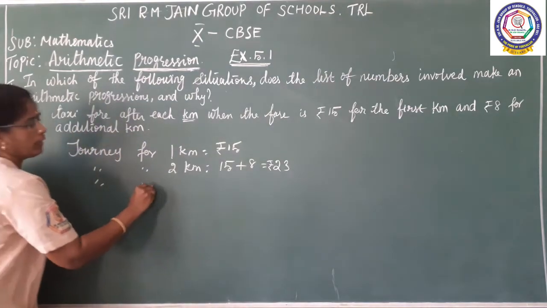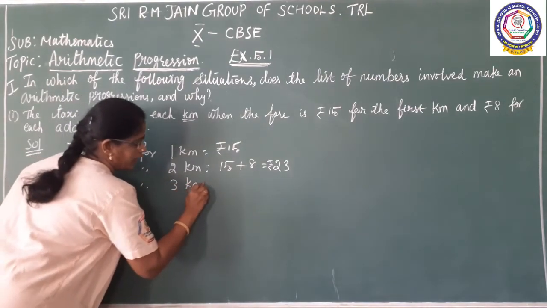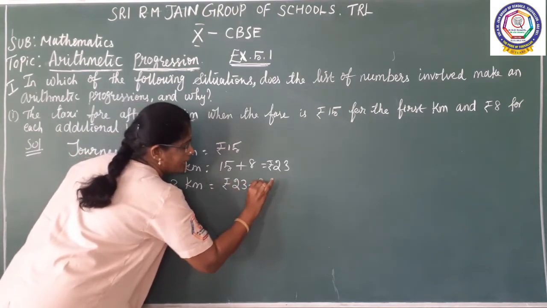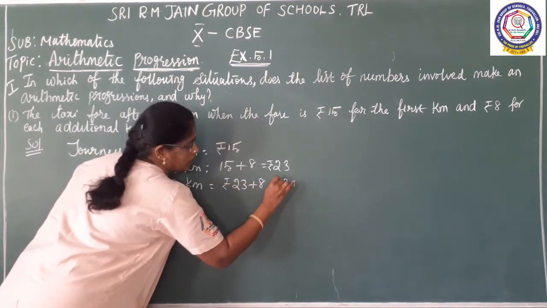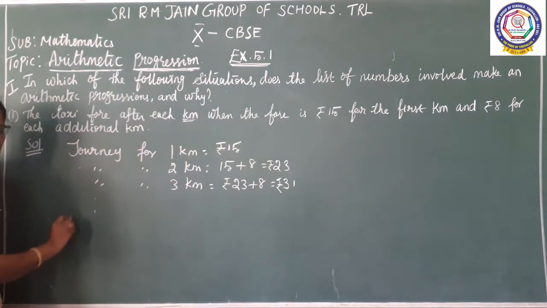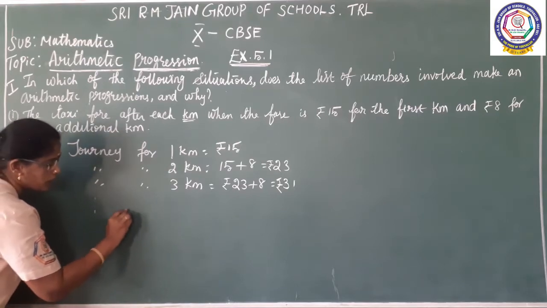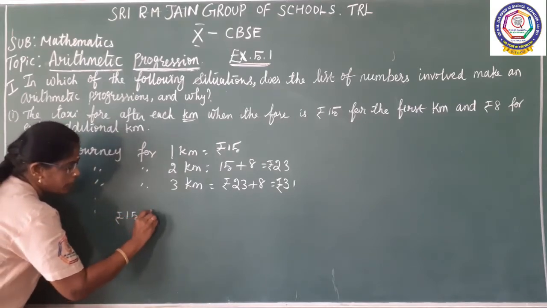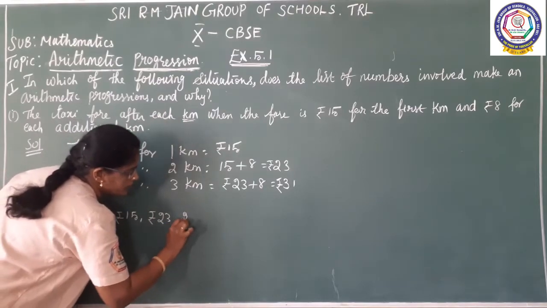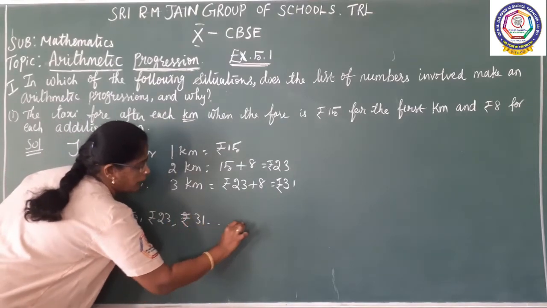Then journey for 3 kilometers, rupees 23 plus 8 equal to 31 rupees. So for the sequence up to etc. Therefore the sequence is rupees 15, rupees 23, rupees 31 up to etc.